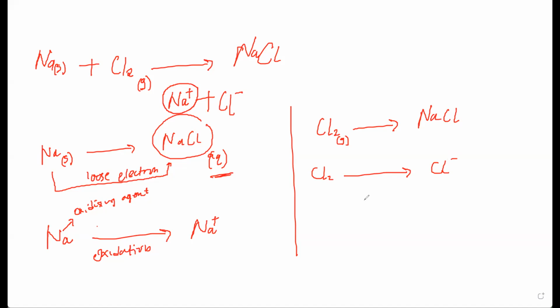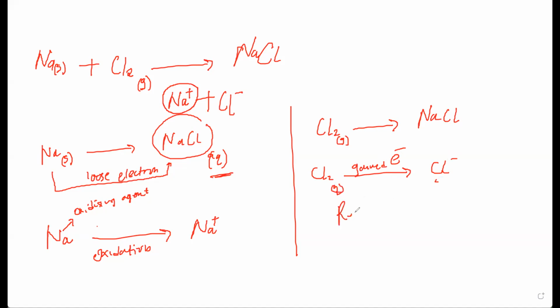It gains one electron. Remember these are ionic equations. They exchange valencies. It gained one electron which was donated by sodium. So it gained how many? An electron, from sodium.